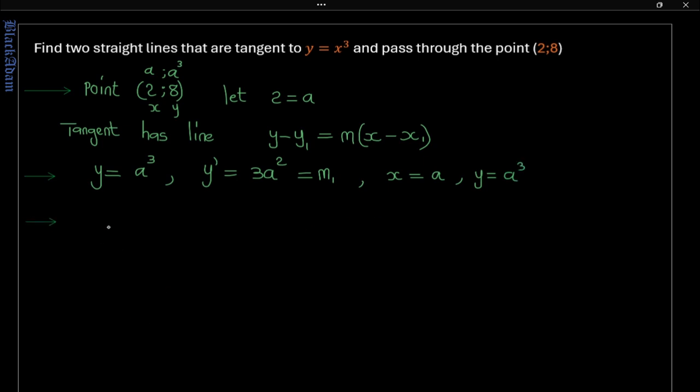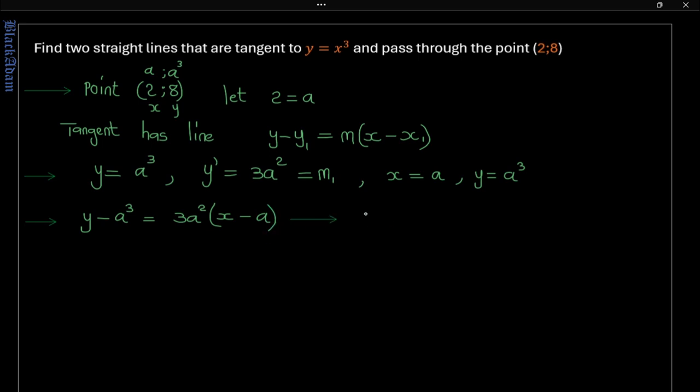And from there we have y minus a cubed. Our gradient m1 is going to be 3a squared, times x minus a.